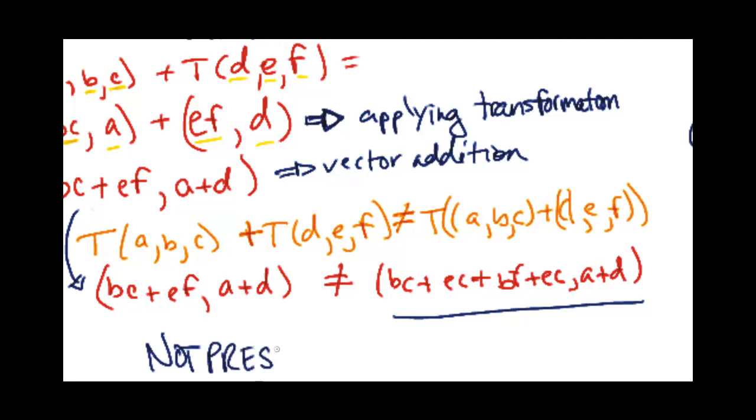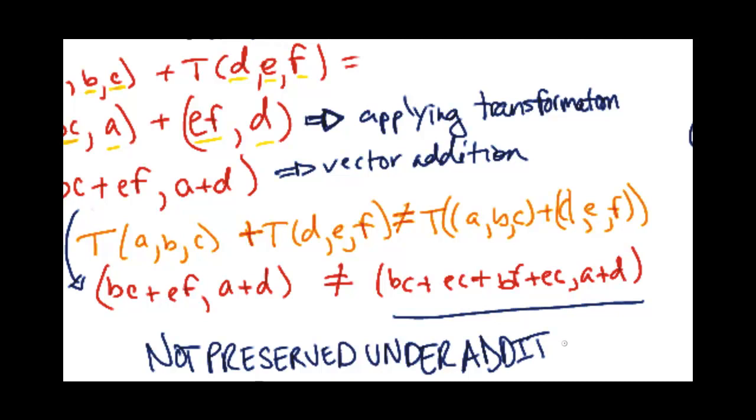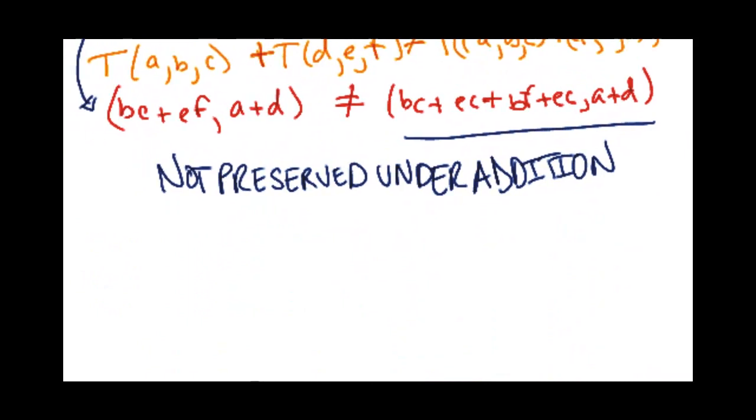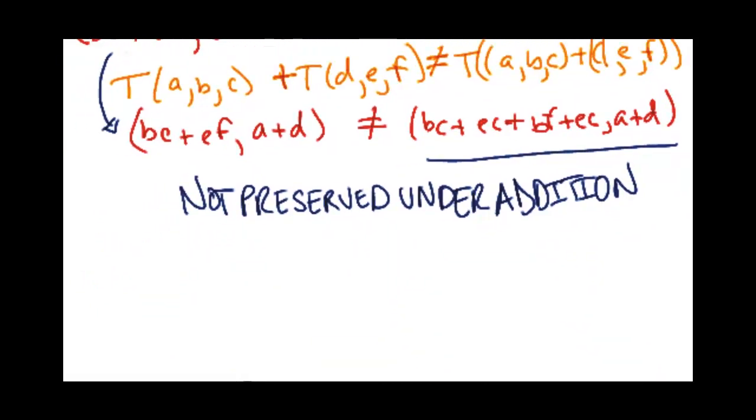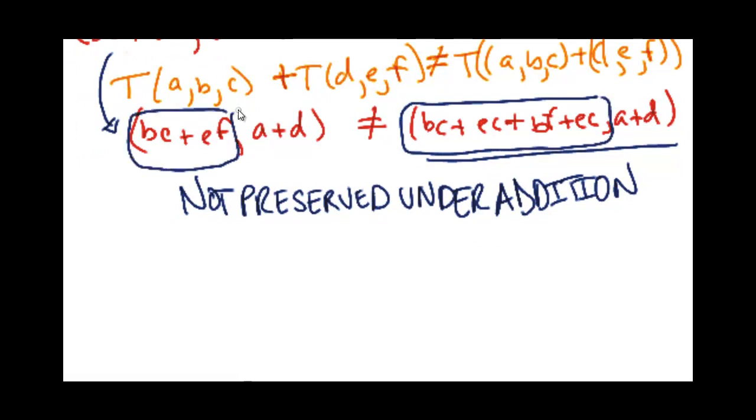So right away you know it's not a linear transformation because both conditions have to be met. But just in case you did the other one, let's go ahead and do that. Okay, so not preserved under addition, mainly because this component right here does not equal that component there.